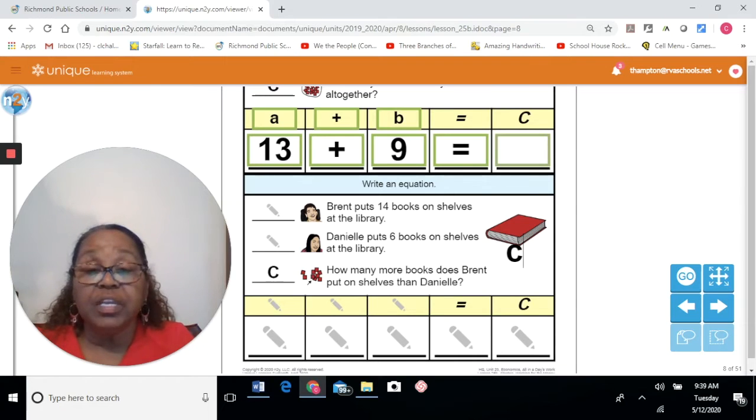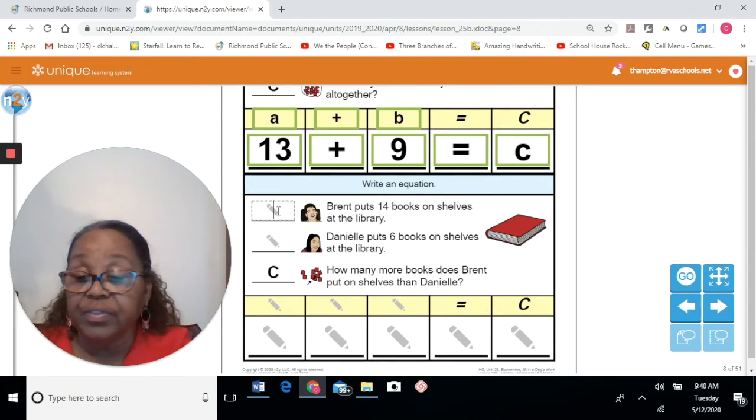Now, first things first, if you have a phrase that says, how many more than, you know the operation is going to be subtraction. Very good. So in our previous equation, the operation was addition. In this equation, our operation is going to be subtraction. So the variables are the same.